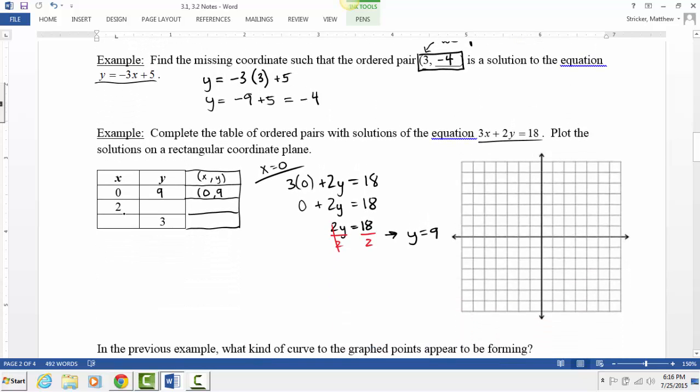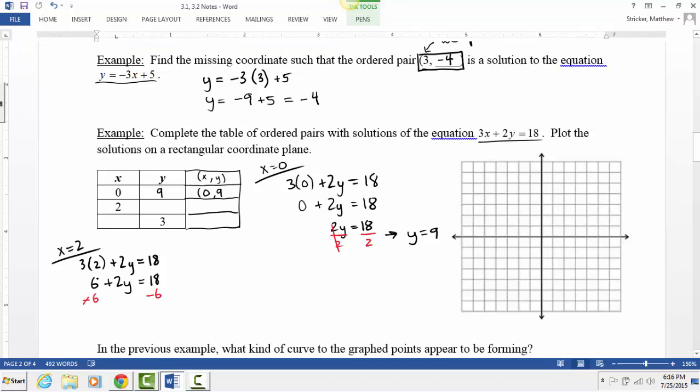We also chose x equals 2 in our table. If I plug in 2, I have 3 times 2 plus 2y equals 18. 3 times 2 is 6 plus 2y equals 18. Remember, if we want to solve, we need to get the y's by themselves, which means that 6 needs to go to the other side.